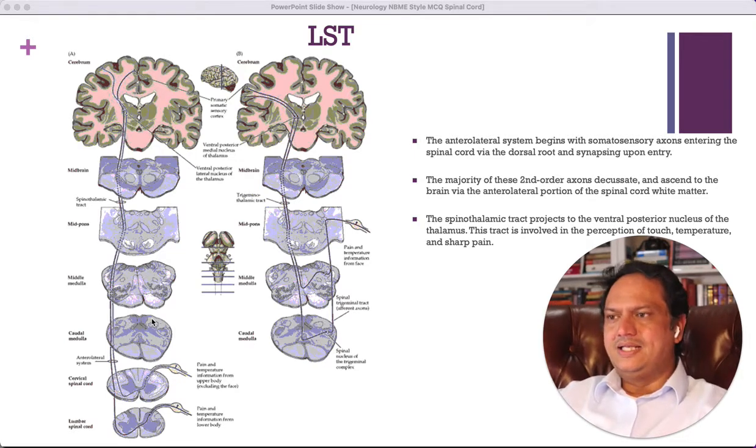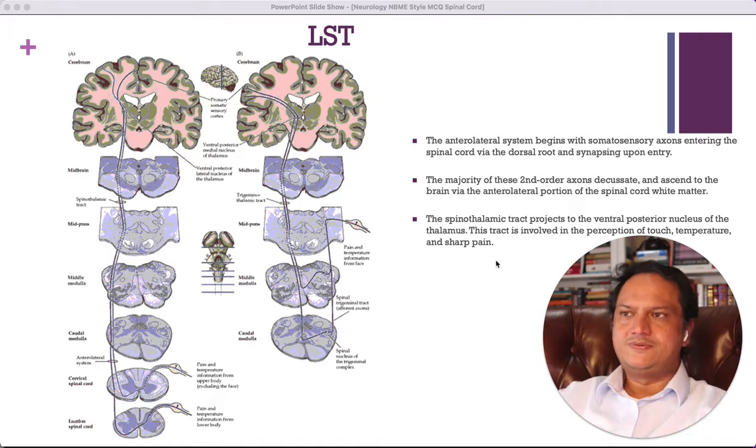Then they decussate and ascend in the medial lemniscus. It's not called a tract anymore because this is a second order neuron. This is a decussation to separate from the dorsal column, and then they ascend in the medial lemniscus all the way up to the thalamus.